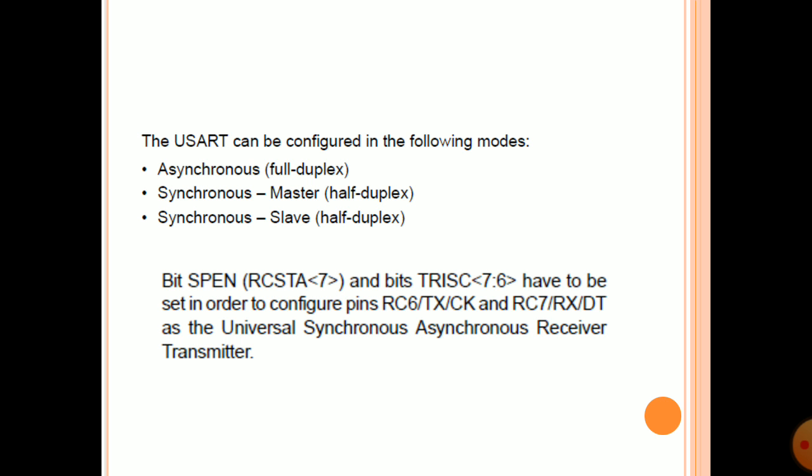In asynchronous mode, the RC6 pin acts as the transmitter pin TX, and the RC7 pin acts as the receiver pin RX. And in synchronous mode, RC6 acts as the clock pin CK, and RC7 acts as the data pin DT.